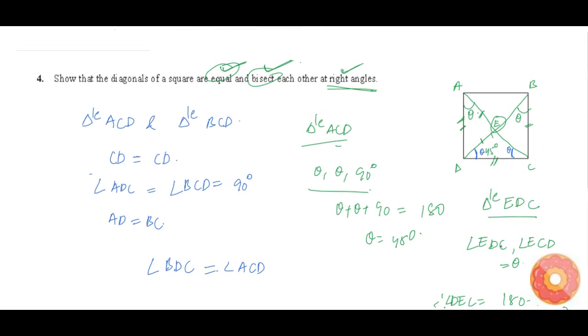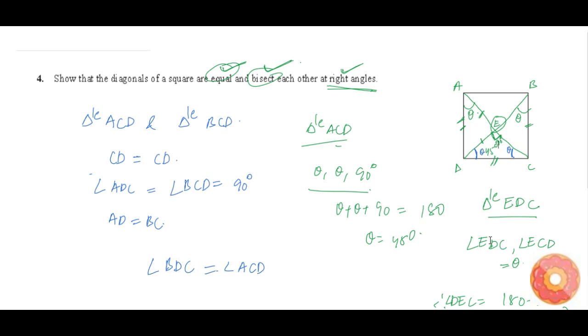Now angle DEC is equal to 90 degrees. Here I have shown that AC and BD intersected at right angles. Now let us look at these congruent triangles.